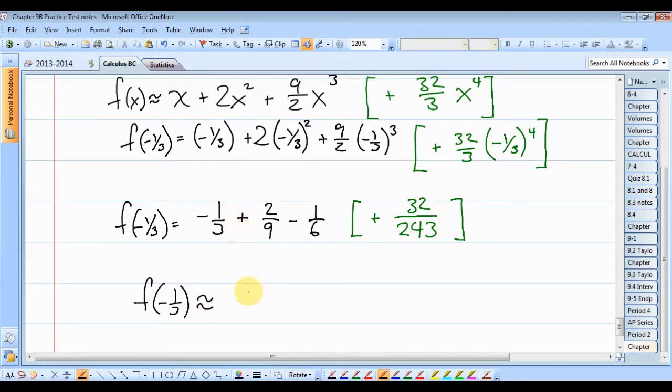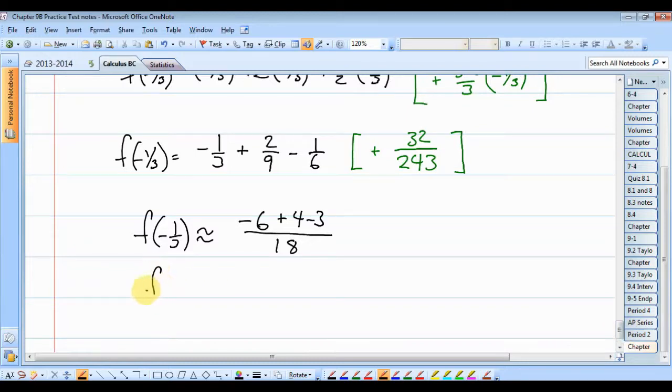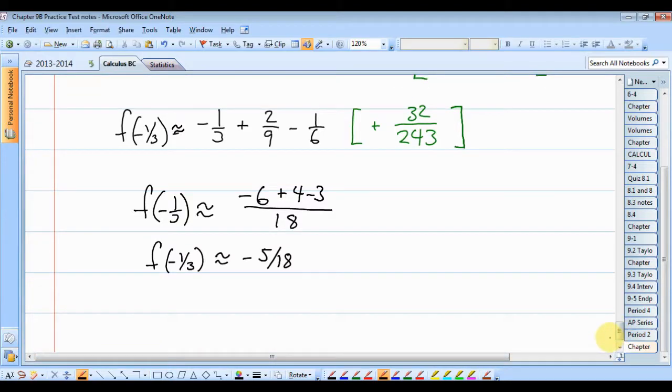So negative 6 plus 4 minus 3 over 18. f of negative 1/3 is approximately equal to negative 5 over 18. And that's the end of that.